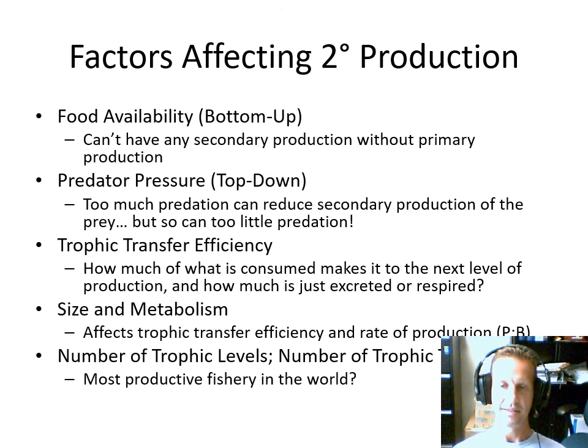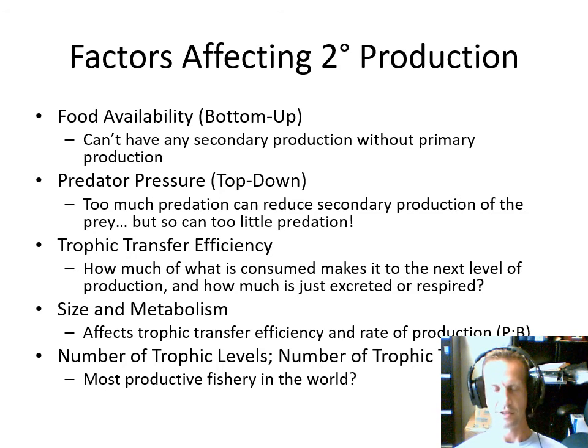Finally, because we know that some organic matter is lost in every trophic transfer, consider the number of trophic levels that the organic matter must pass through to get, for example, from the phytoplankton all the way up to the apex predators like the sharks.